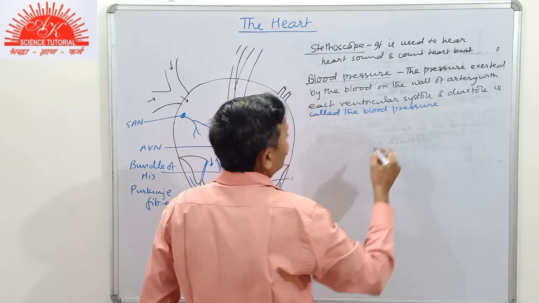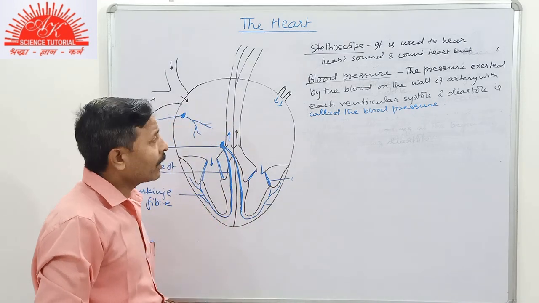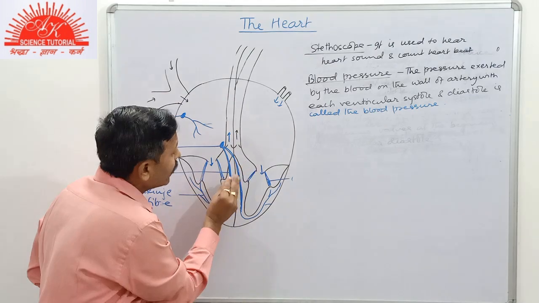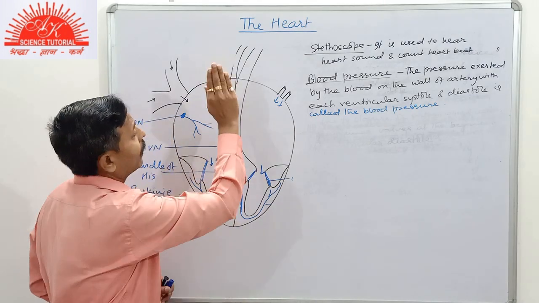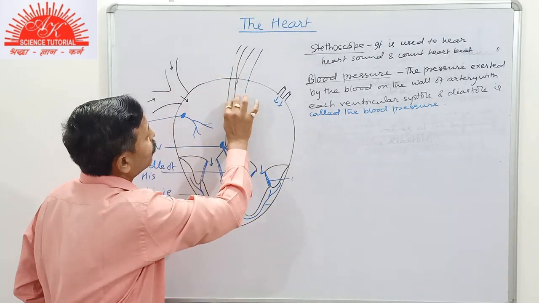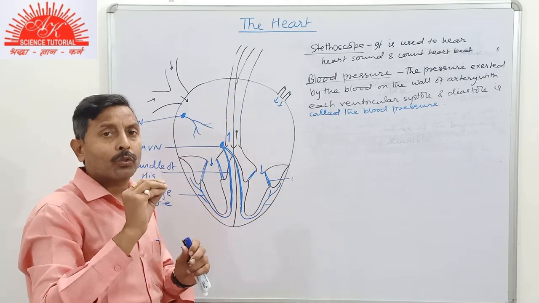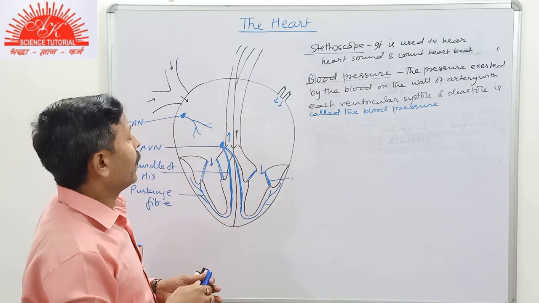Now we see that blood is a fluid, and the fluid exerts pressure in all directions. So when the ventricle contracts, it forces the blood to pass through the arteries, and arteries have a muscular wall, so it dilates, exerting the pressure.